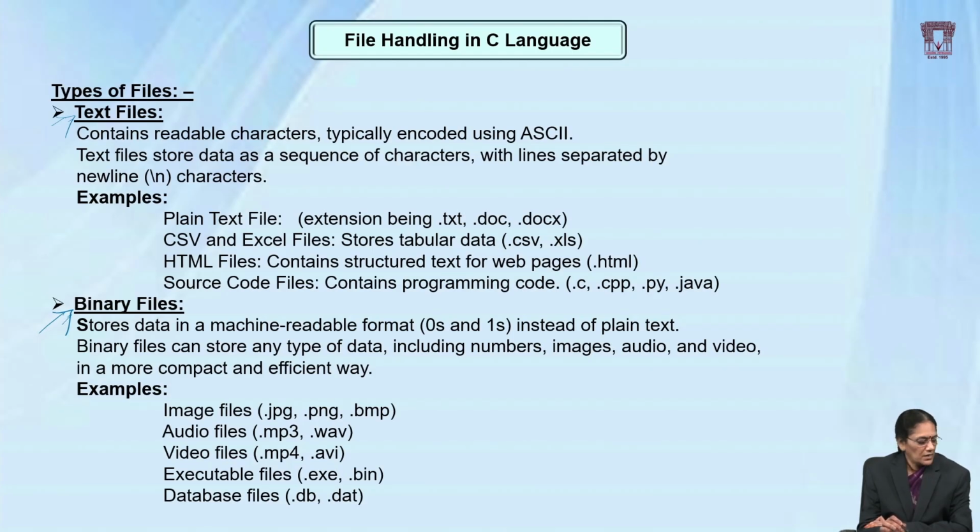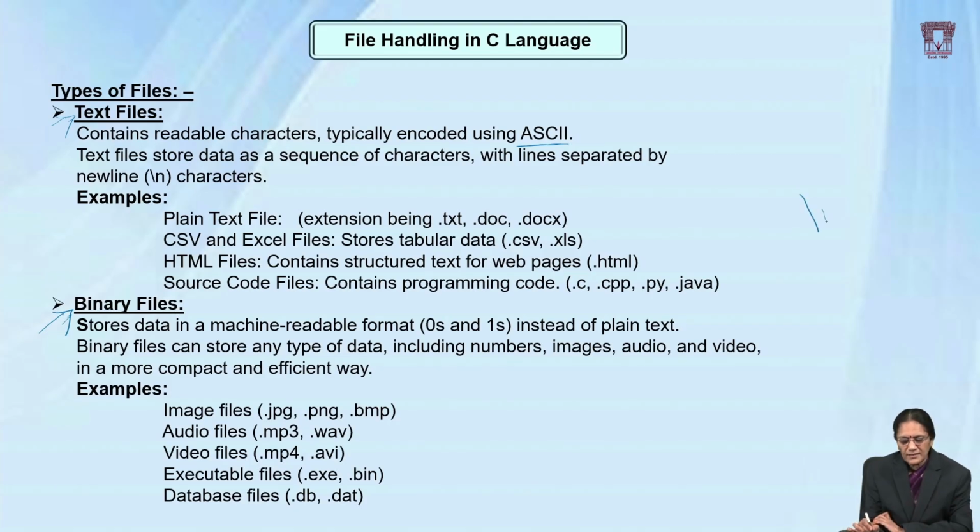It can be numbers, alphabets, hyphens, dots, other special characters, anything. And everything is encoded and stored in an ASCII format. This is very important for you: it is encoded into an ASCII format and stored in byte sequence form. Text files store data as a sequence of characters, and each character is like a byte sequence, with lines separated by a new line.